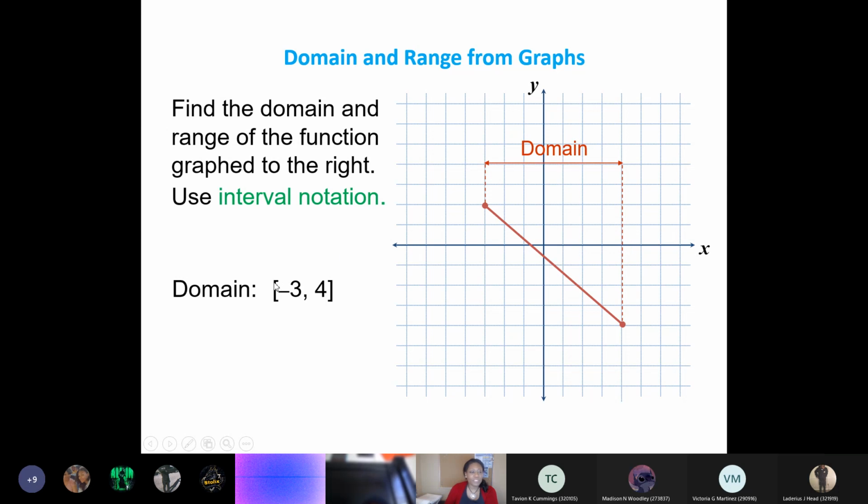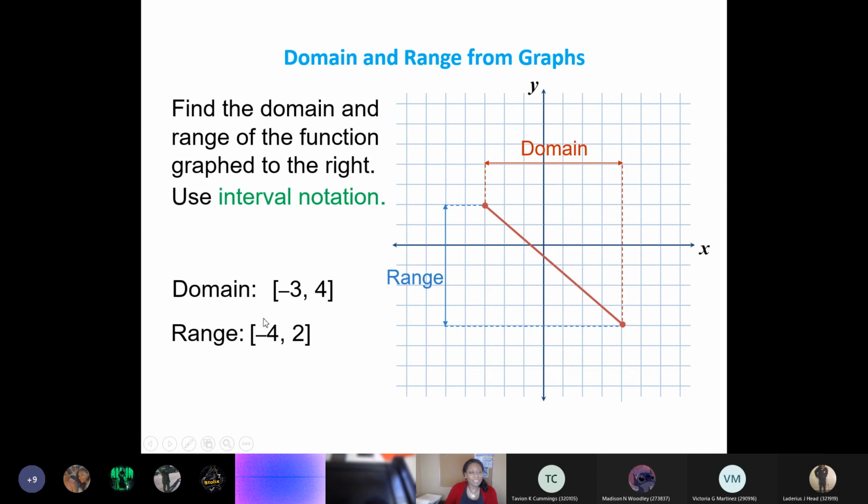So we're going to put this in brackets for interval notation, -3 to 4. That tells us that the domain is everything in between. Our range, we can do the same thing. The range value on the y-axis stops here at +2 on the y, and then -4 on the y.